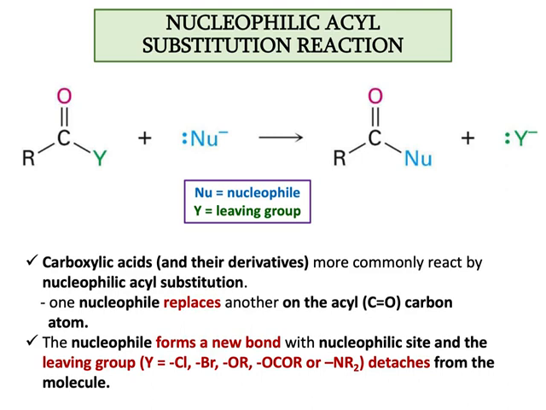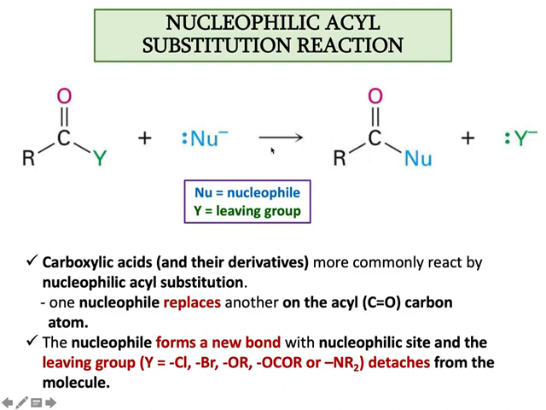So this is the general reaction for the nucleophilic acyl substitution reaction. Look at this. An acyl group is attached with Y. Y depends on the functional group, and reacts with any kind of nucleophile.